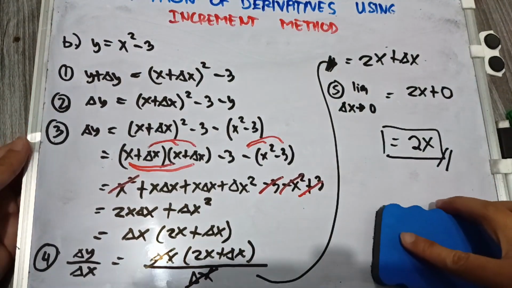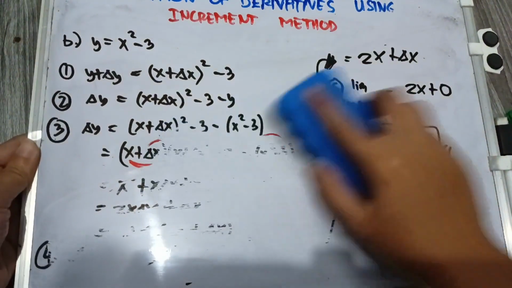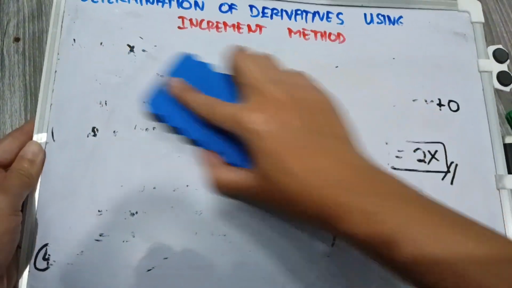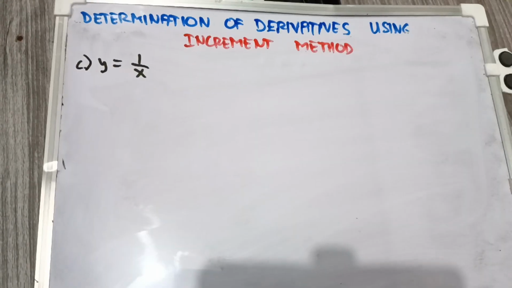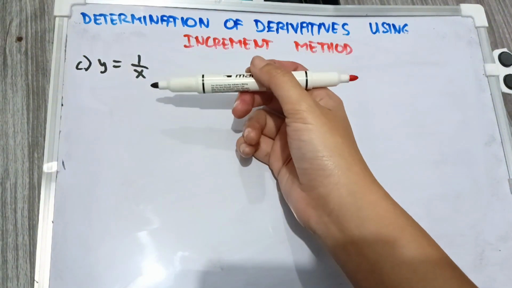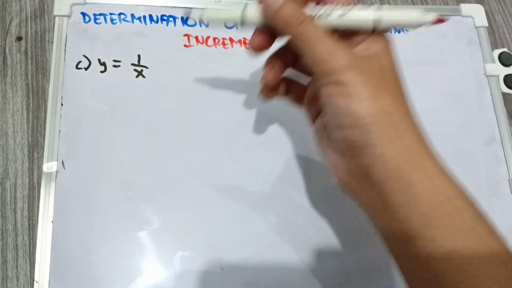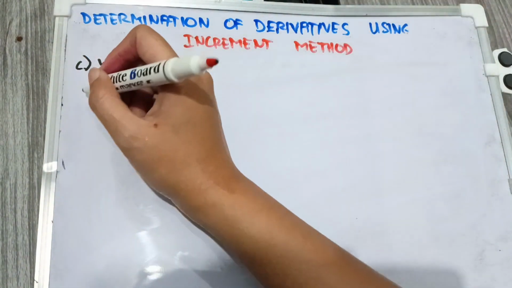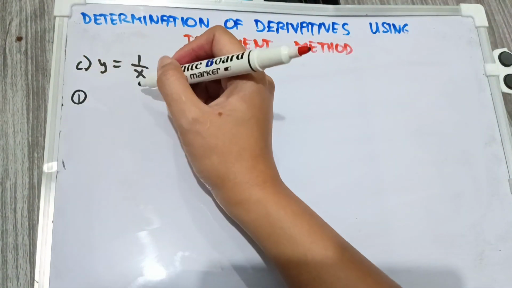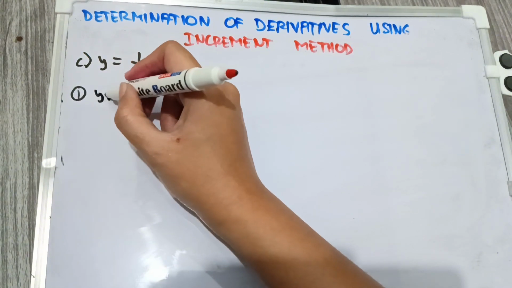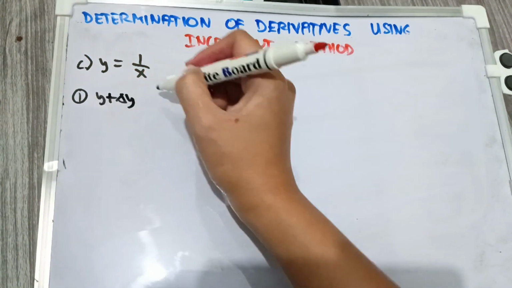Okay, we're going to have another example. You can pause the video if you want so you can try it yourself. Now, what if we have this kind of function that is a fraction form? So we're going to do the same. Let's start with the step 1. Substitute y by y plus delta y.